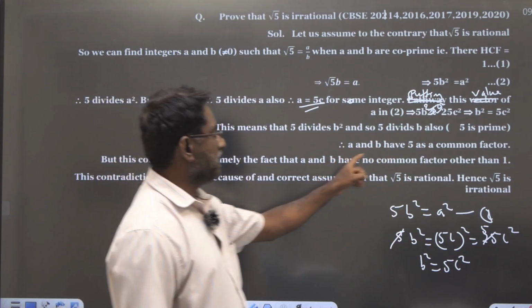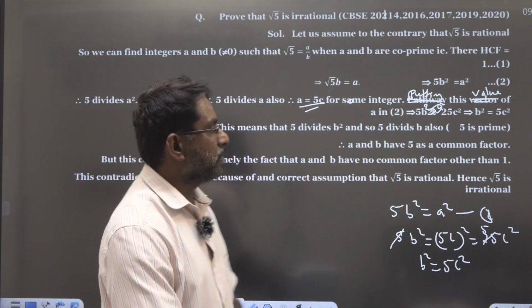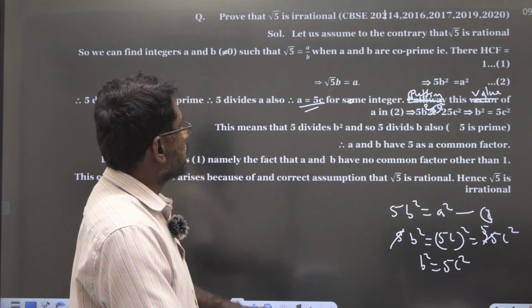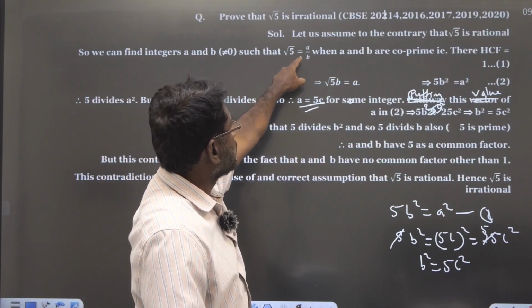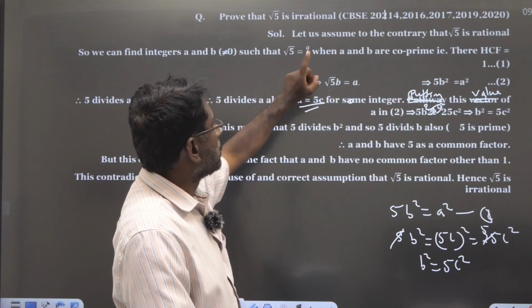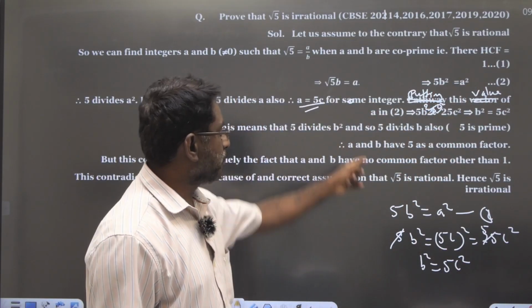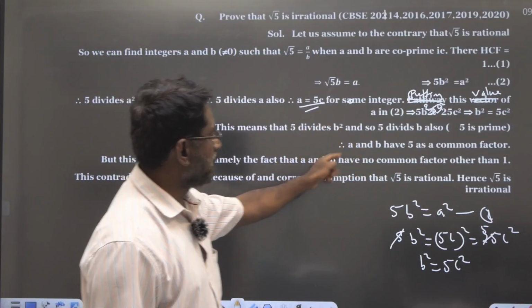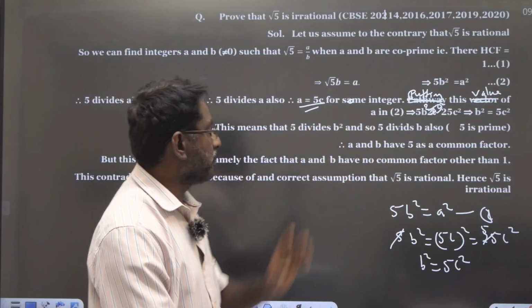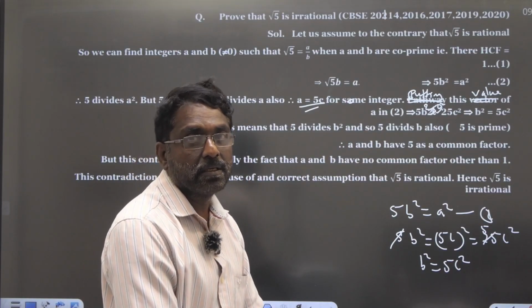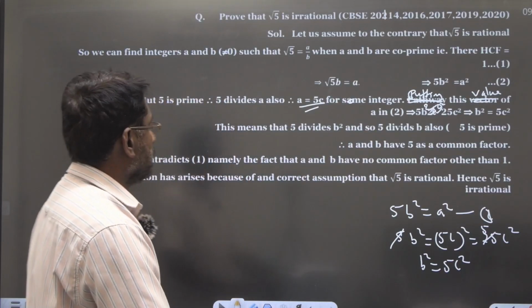That means a and b have 5 as a common factor. That is never possible, because we assumed a and b have only 1 as the common factor. But from here we got another common factor, 5. That is a contradiction.